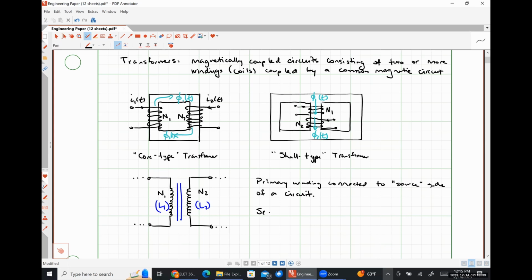And the secondary winding is usually connected to the load side of a circuit.